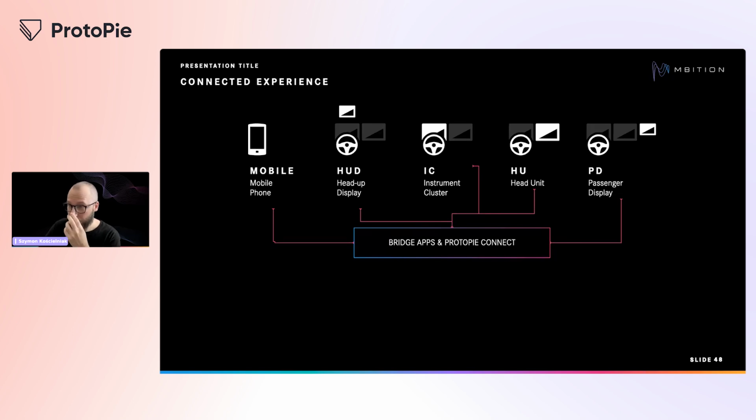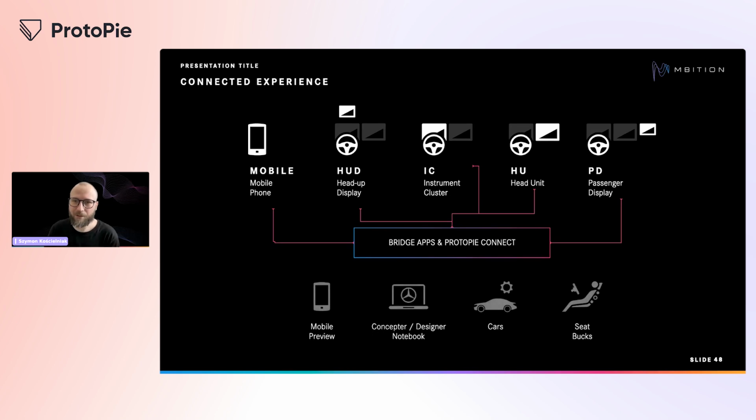Not only that, we can also use our own bridge apps to feed those prototypes with car data or different interaction points. And the nice thing is that you can test the same prototype on a mobile device or tablet. You can do so on a laptop, but you can also do that in the real car with a proper setup or in the seating buck.